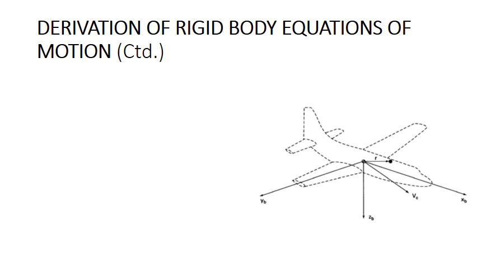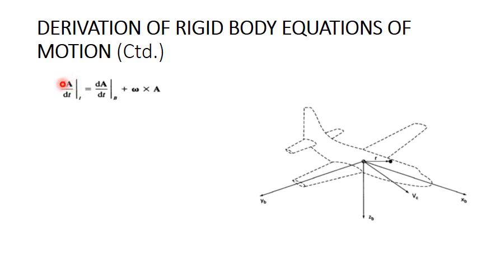Let's recall some vector differentiation basics. It can be shown that the derivative of an arbitrary vector A referred to a rotating body frame having an angular velocity omega can be represented by the following vector identity.